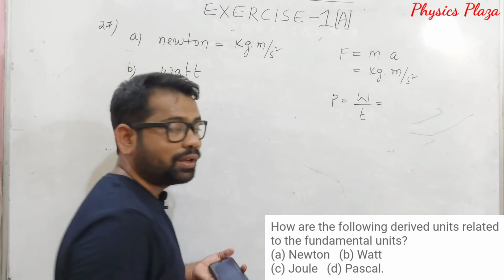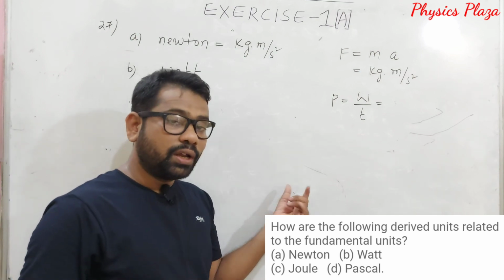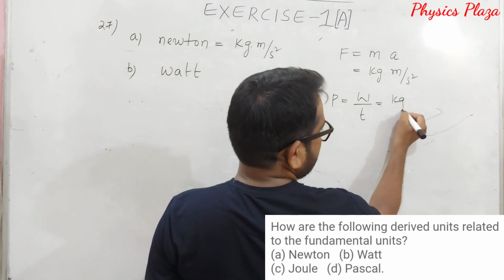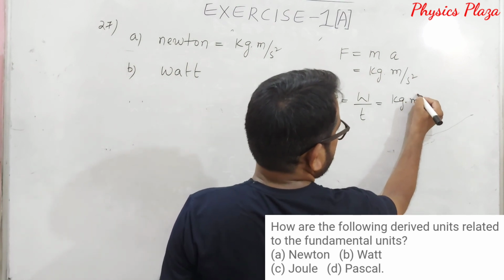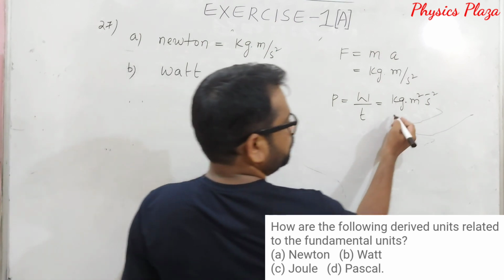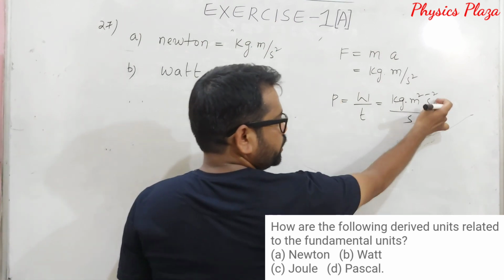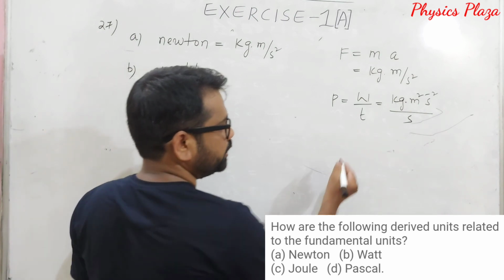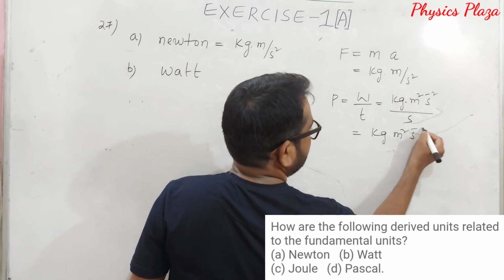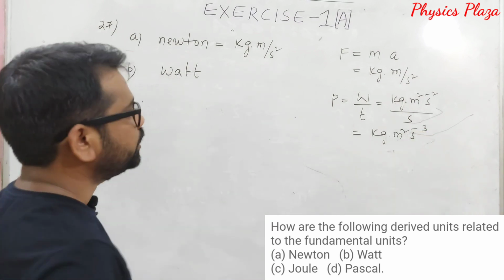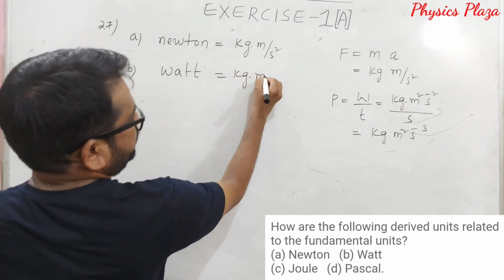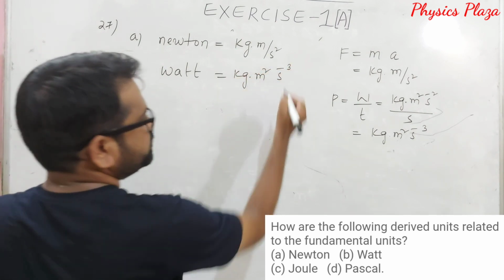Before, we wrote the derived unit of work, what is that? Kg meter square S minus 2. By second, you can take to the numerator. So it will be kg meter square S minus 3.